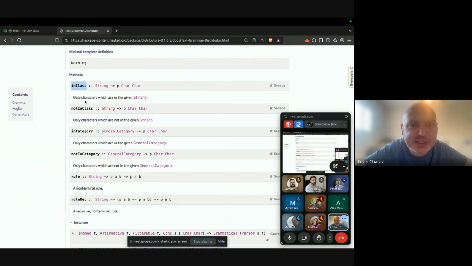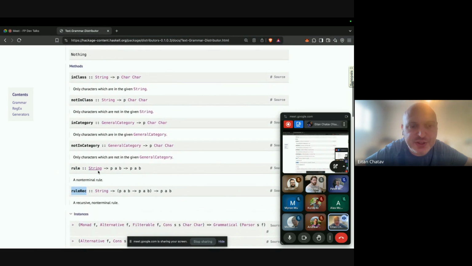We have in a given class, so just say any one of these letters, or not in a given class, in a given category. This is not the category theory category. This is the general Unix category of a character or something like that, or not in that category. And we have a rule or a recursive rule.